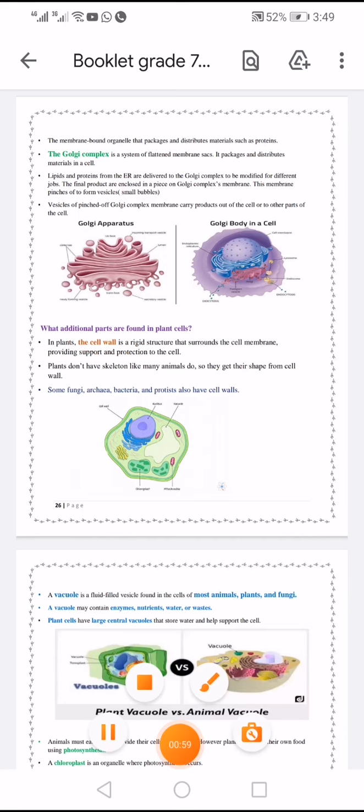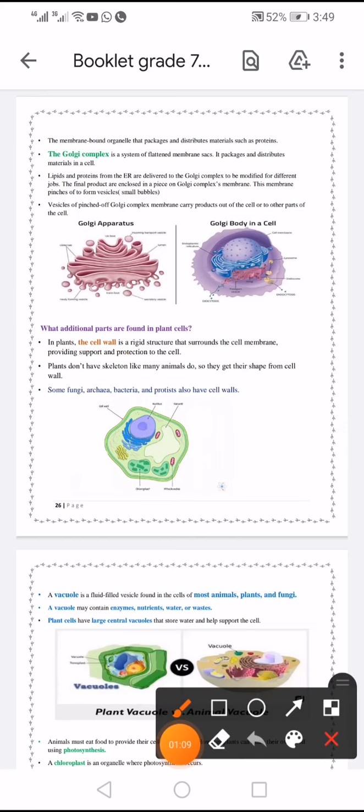So plant cell have an extra structure called what? Cell wall. What is the importance of cell wall? Cell wall is a very rigid structure that supports the cell membrane as it protects the cell. So the function of cell wall is to protect the cell.